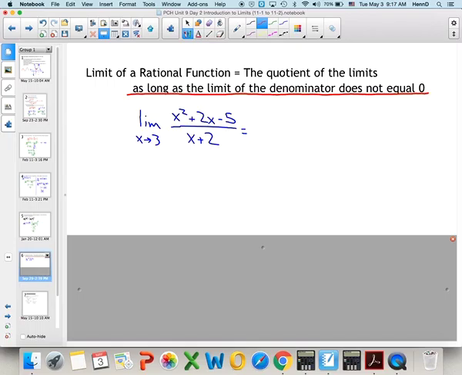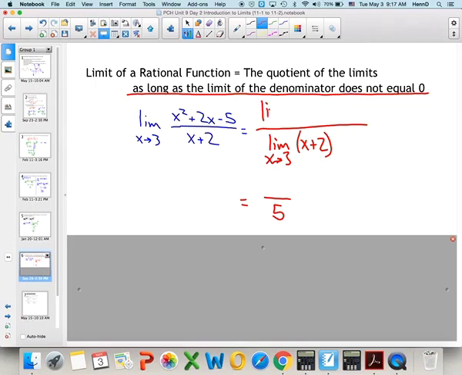So first of all, if we're looking at this, the limit as x approaches 3 of x plus 2. Here's our denominator. What's that going to equal? 5. That's just a linear equation, so I can do direct substitution. It's going to be something over 5. Since that didn't come out to 0, I'll go ahead and do the numerator.